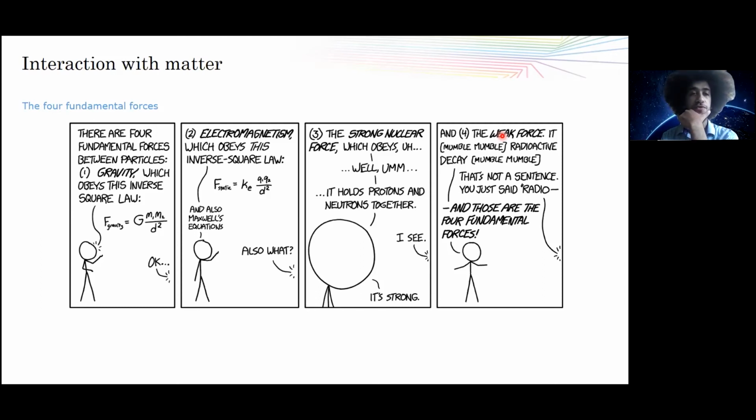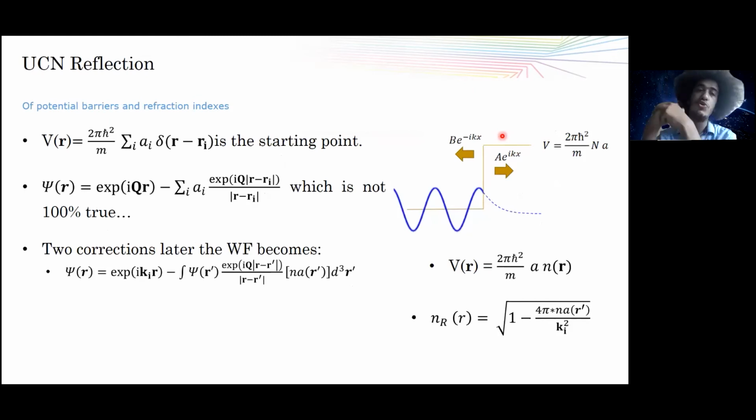But now, if we move on to the reflection of these ultra-cold neutrons, we're going to start off with the potential, which is given by this. If we solve it, we get a wave function that has 2 parts. The first part is the plane wave of the incident neutron, and the second part is the spherical scattered neutron wave function.